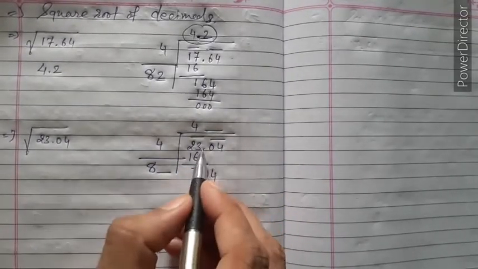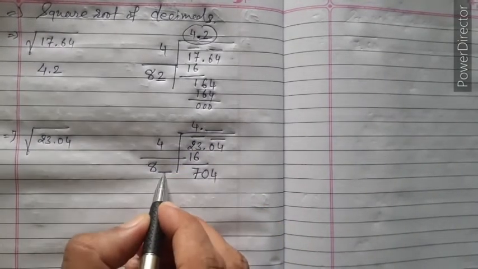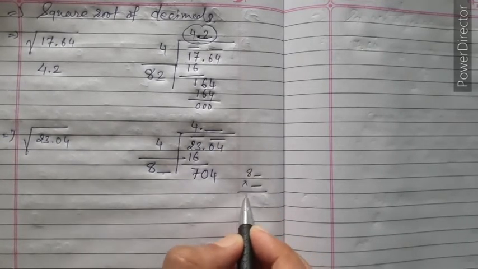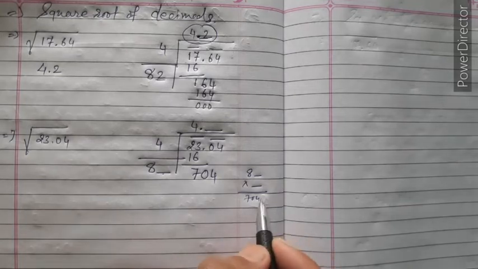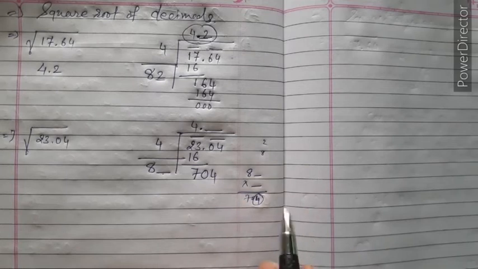Now here double of 4, that is 8, and take 04 here. Before 04 here decimal point is there, so put decimal here. Now 8 dash into dash, and you get 704. Find out that number. So here 4 is there. There are two possibilities: 2 2s are 4 and 8 8s are. You just check both.